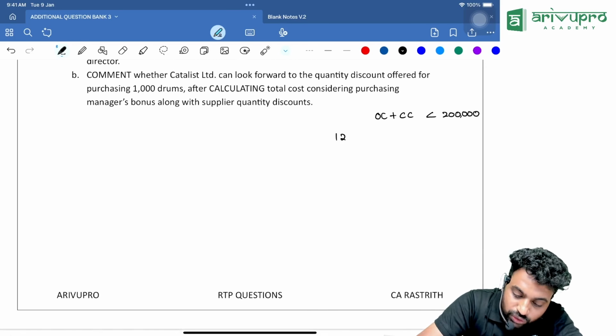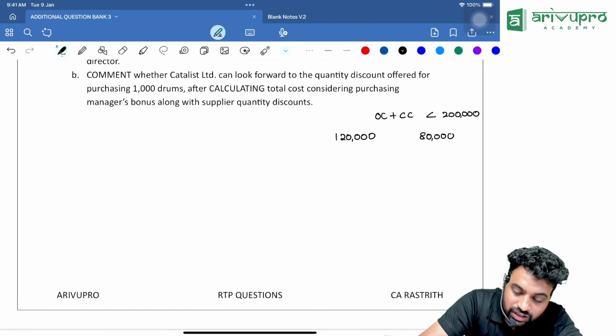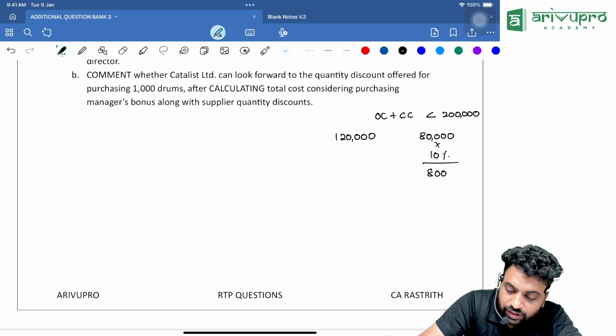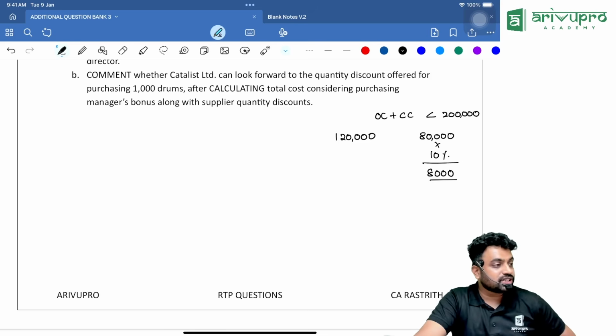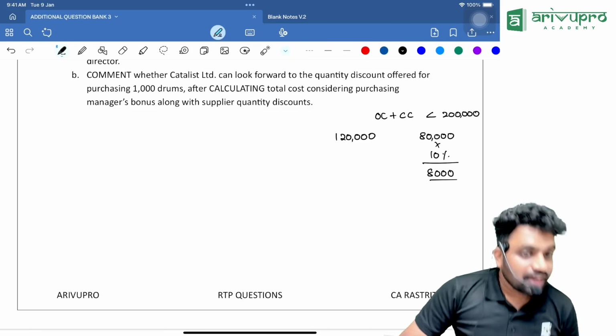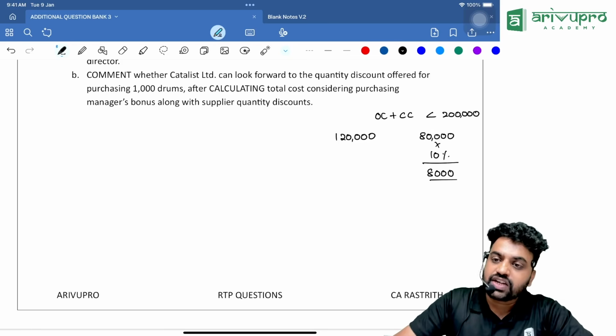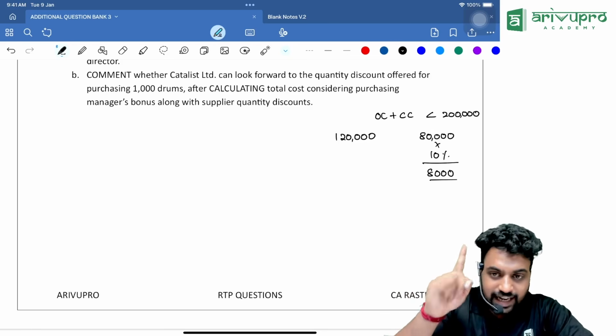Let's say our total of ordering cost and carrying cost is 120,000. Then he's saving us 80,000 now. On this, 10% bonus should be given. 8,000. Now try to understand. I agree. As per your ordering cost and carrying cost, you are able to save 80,000.